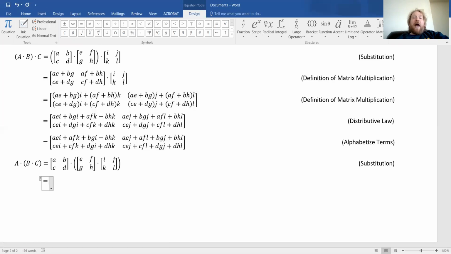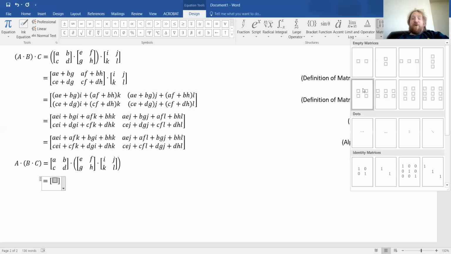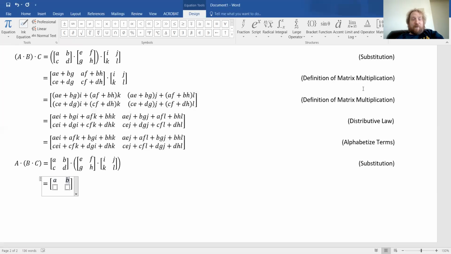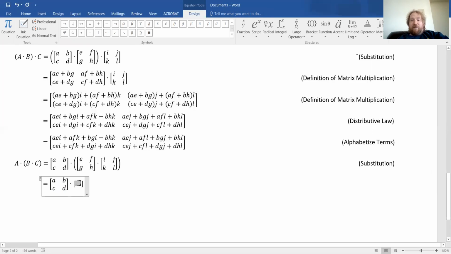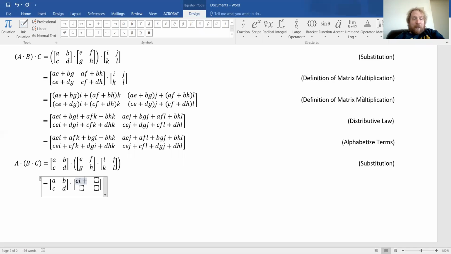So remember, we have to do what's inside the parenthesis first. Since the matrix ABCD is not inside the parenthesis, I'm just going to let that alone for now and copy it along. And I'm going to work out the product that is inside the parenthesis. So when I do that, I get EI plus FK.